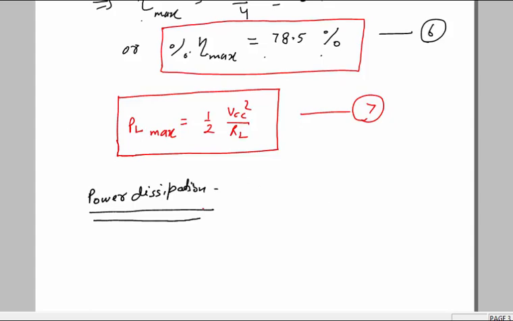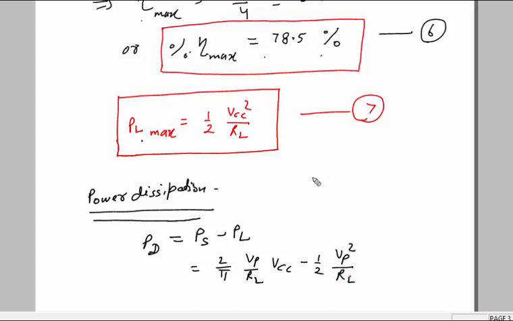So the average power dissipation in the class B stage will be given by, let's call it PD. PD will be supply power minus load power. We already know this formula, 2 by pi Vp by RL Vcc, and PL we got as half Vp square by RL.